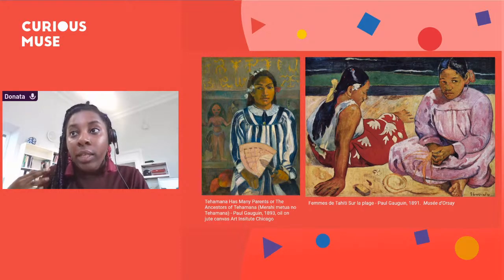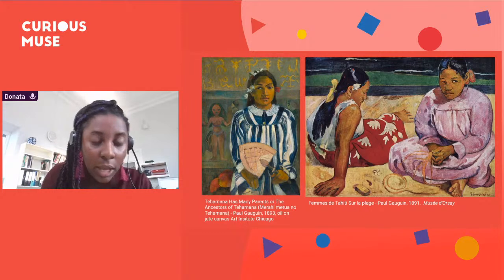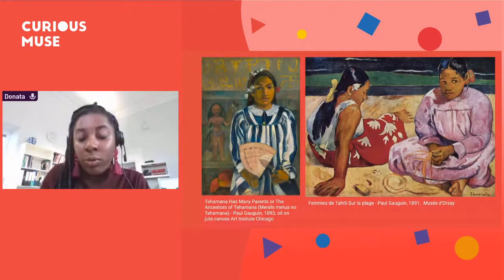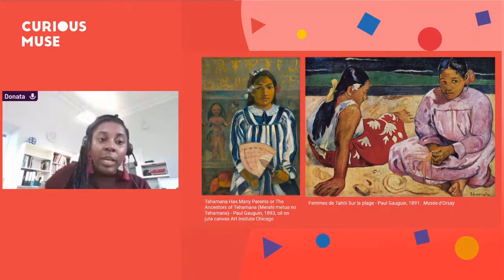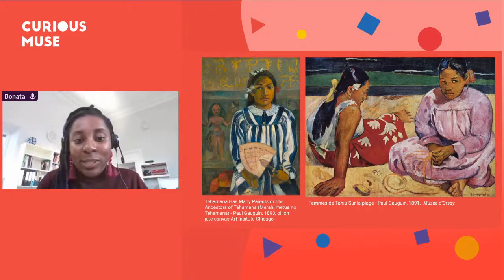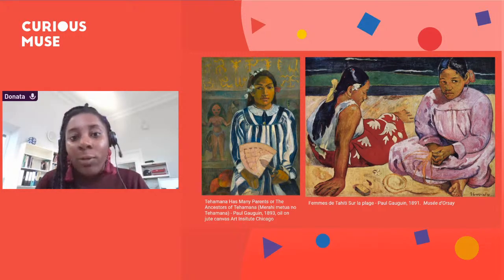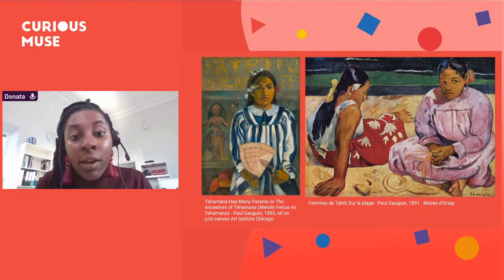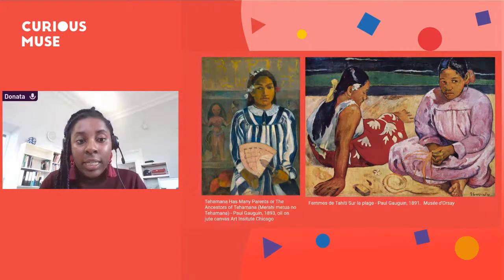So in the case of Tehamana and his moving to Tahiti, at that time Tahiti was heavily controlled by the French colonialist government, and there's mentions of the capital city being almost just like France because that's how deeply France had infiltrated into Tahiti.